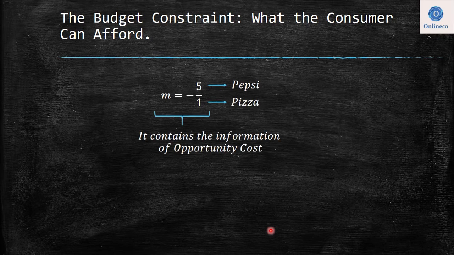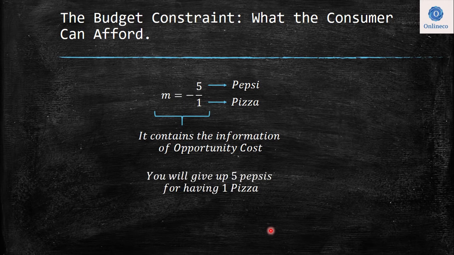So then this slope contains the information of opportunity cost. Why? Because you can give up 5 Pepsis for having 1 pizza. Why? The cost of 1 pizza is $10, and the cost of 1 Pepsi is $2. So 2 times 5 will bring 10, which is exactly the price of pizza.